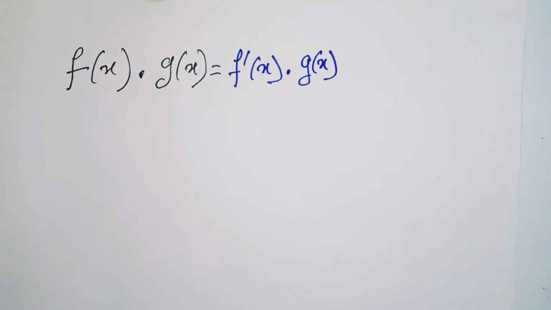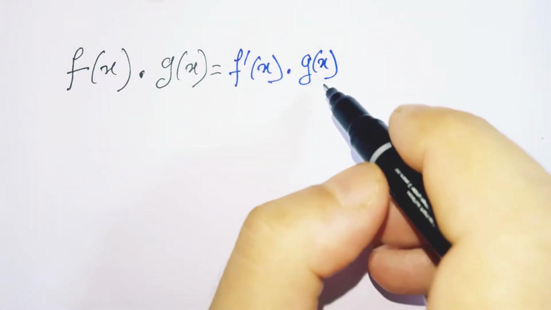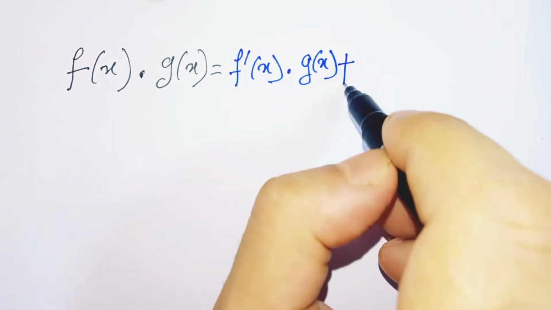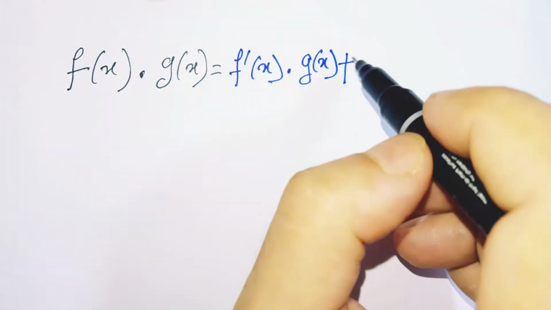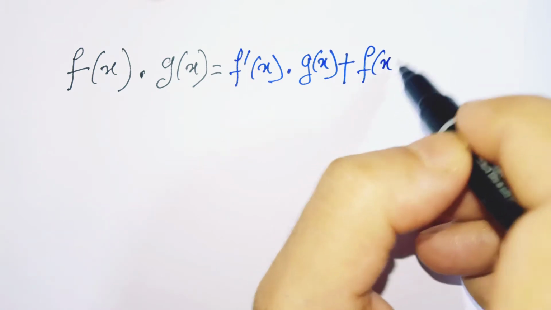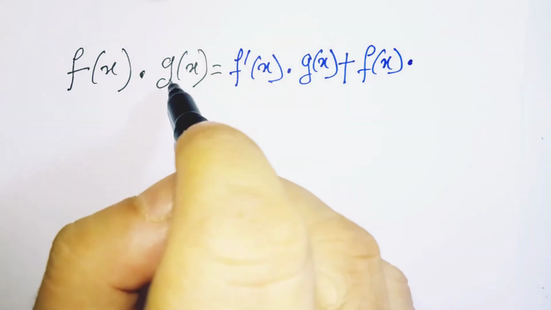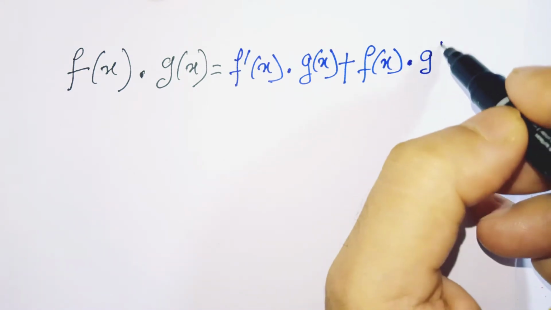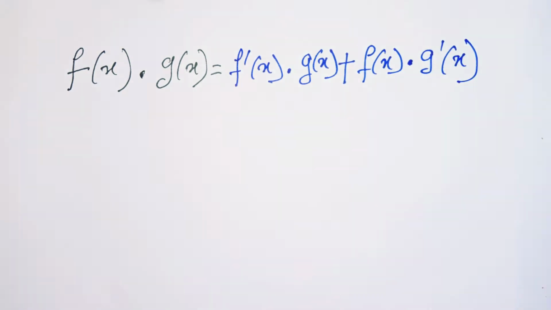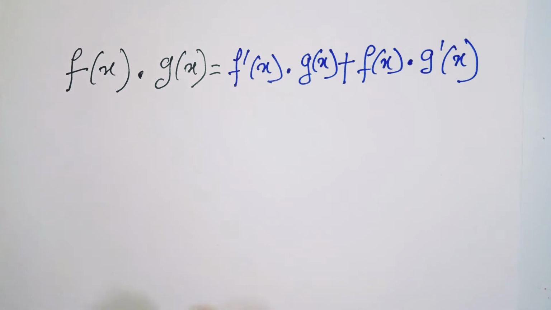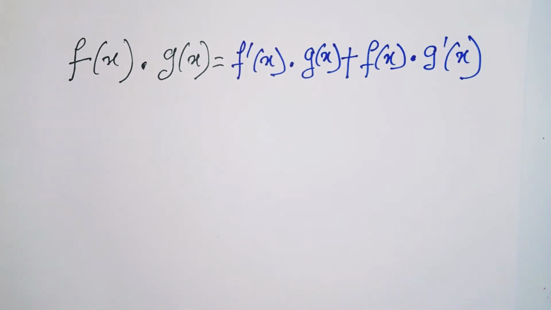Then we put a plus sign, and then we use the first function, f of x, multiplied by the derivative of the second, g prime of x. That is the formula of the product rule.